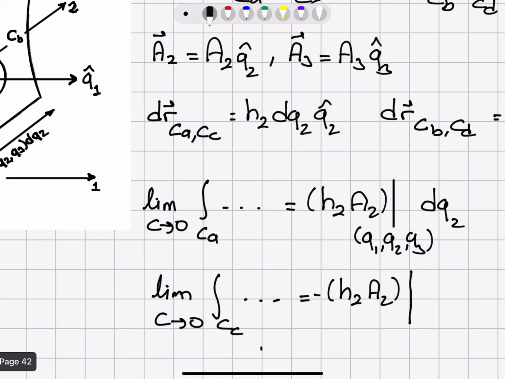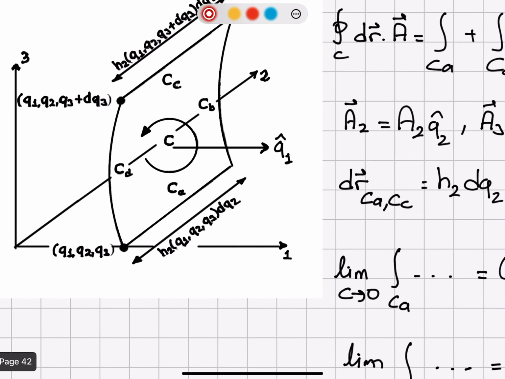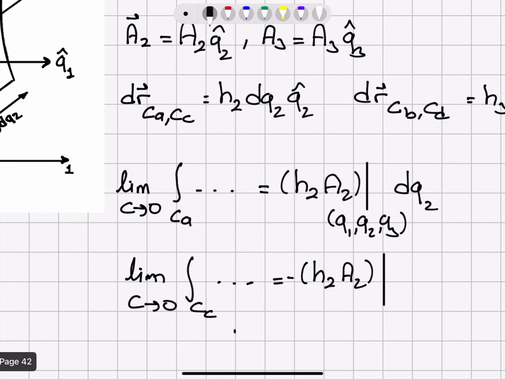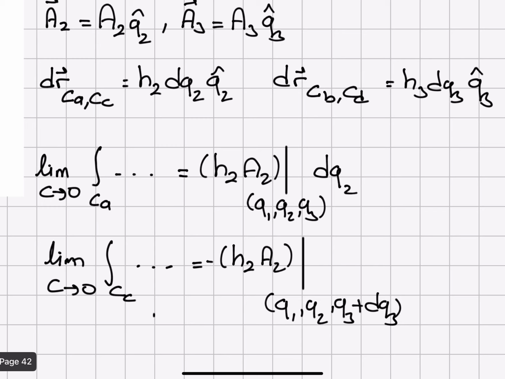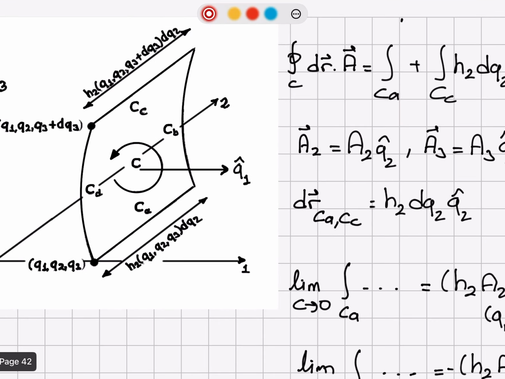Now I have to be careful where to evaluate this. You see, I'm now at Q3 plus dQ3 on this path. So this has to be evaluated at Q1, Q2, Q3 plus dQ3, and it's multiplied by dQ2, but it's going to be in negative direction because the orientation of the path is, we're going in this direction, so it's in minus Q2 hat direction.